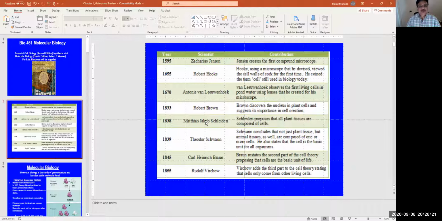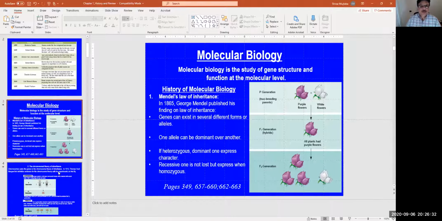This observation was led by none other than Gregor Mendel, who worked on pea plants. I'm not going to go into the genetics of Mendel's work or any specific work, but what was the take-home message from Mendel's work? The take-home message was that characters could be passed on from one generation to the next.